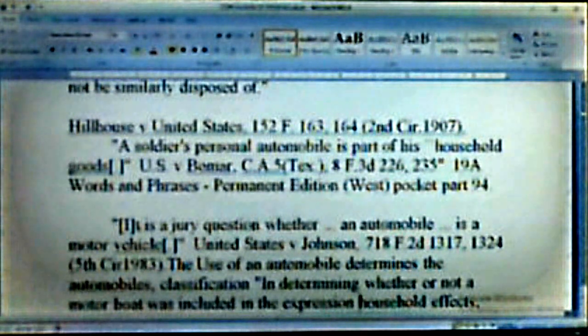But they said it was a jury question whether an automobile was a motor vehicle. And that was in the United States versus Johnson. And that took place in Florida. That was the Fifth Circuit. And it says the use of an automobile determines the automobile's classification, in determining whether or not a motorboat was included in the expression household effects, Matter of Winburn's Will, supra, right?